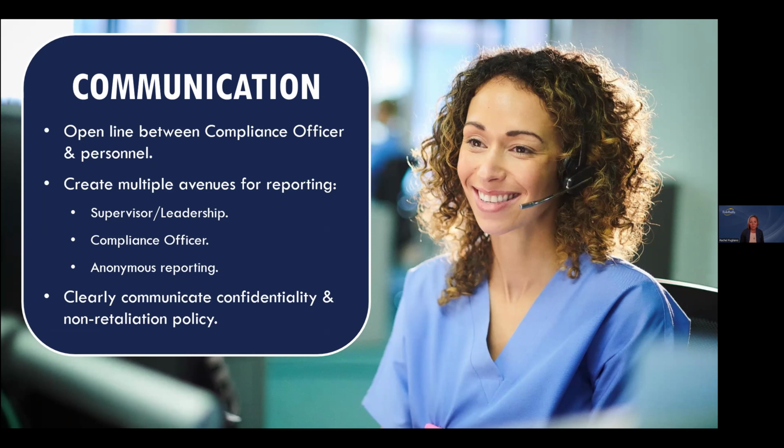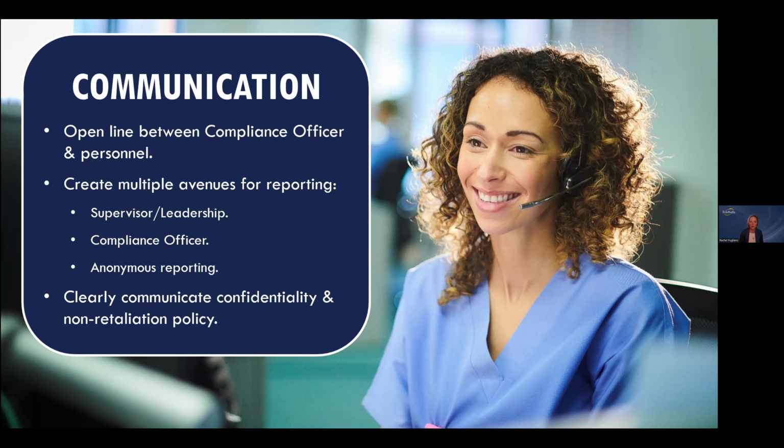I know that some organizations have used a voicemail box that the individuals can call and leave a message. And that is technically an anonymous way of reporting a compliance concern. I do know that some staff have indicated that they feel like their voice would be recognized because in a small organization, we all tend to know one another. So that's really the only risk there is that some individuals might be hesitant to utilize that method just because of that reason.